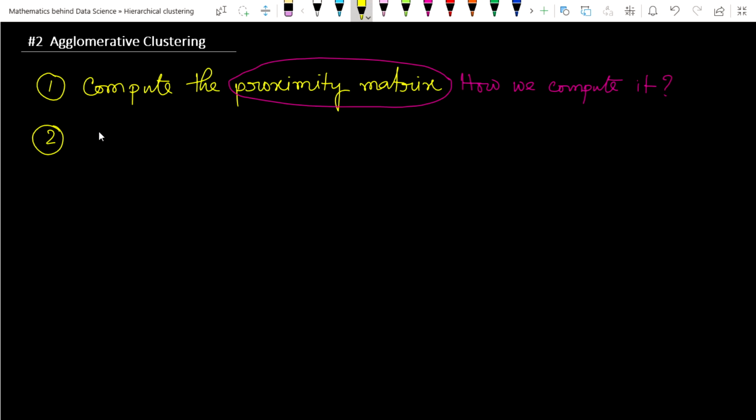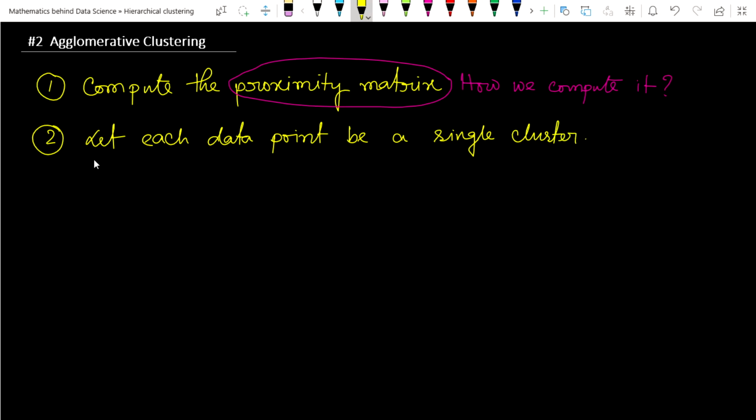So in the stage 2, in step 2, let each data point be a single cluster. These are the things we have to take.